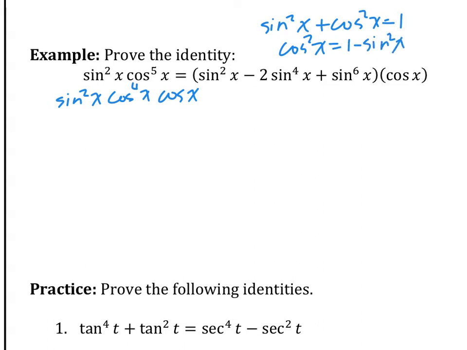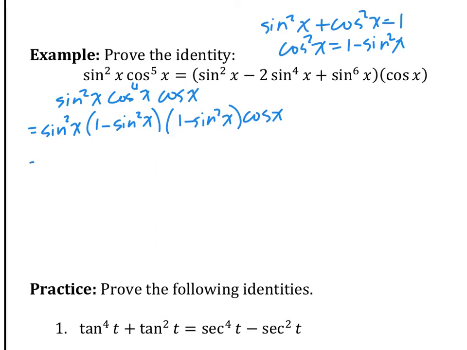Since I have 2 cosine squares because it's cosine to the 4th, let me try that and see where I get. Okay, at least I changed everything to sine only except for one cosine.